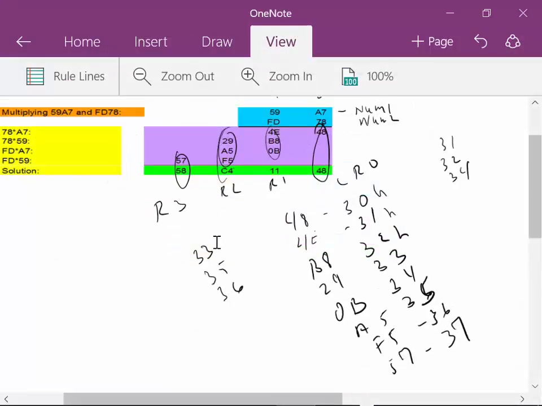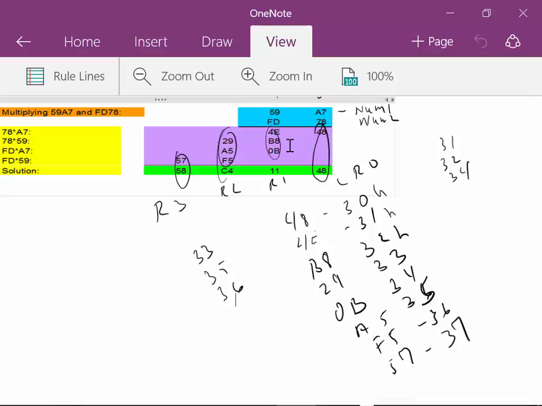Let's go back to our OneNote here. We're adding locations 31, 32, and 34, right? And then we're going to add these two. If these two result in a carry, then I want to increment either locations 33, 35, or 36 right there.